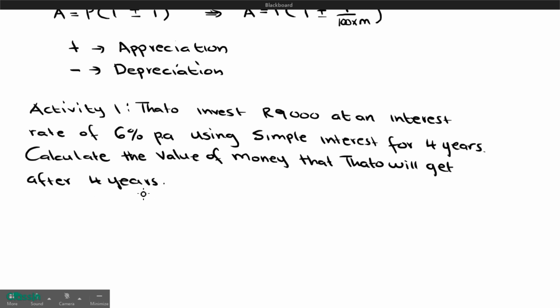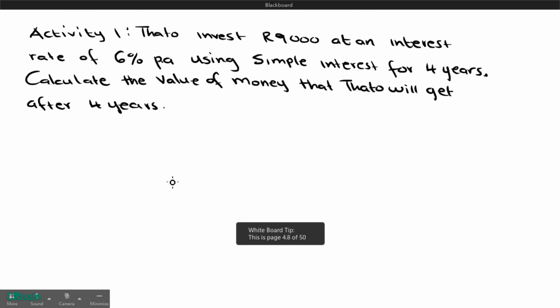Now here we have Thato, who is investing 9,000 at an interest rate of 6% per annum using simple interest for 4 years. There's a full stop there. Calculate the value of money that Thato will get after 4 years. The statement tells you that Thato invests.